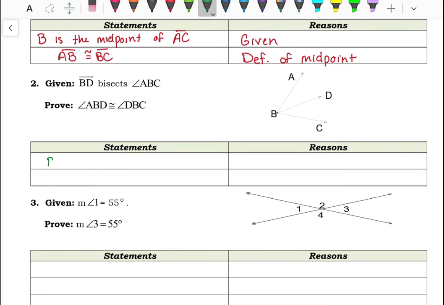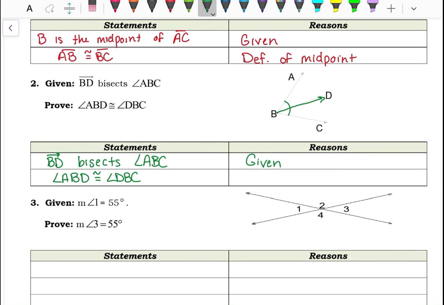For number 2, again, first step, always write down your given. In this one, we're told BD bisects angle ABC. And that's our given again. We are trying to prove that angle ABD is congruent to angle DBC. Now, we're told BD bisects this whole angle.